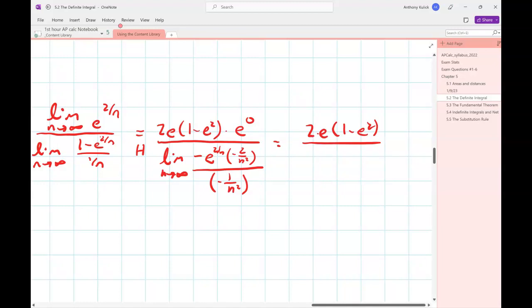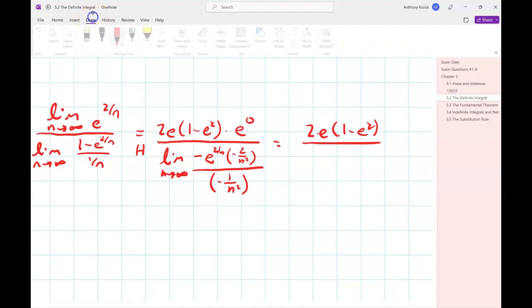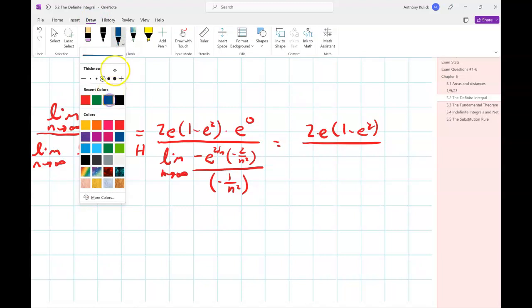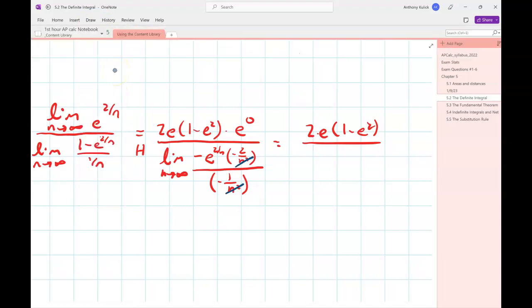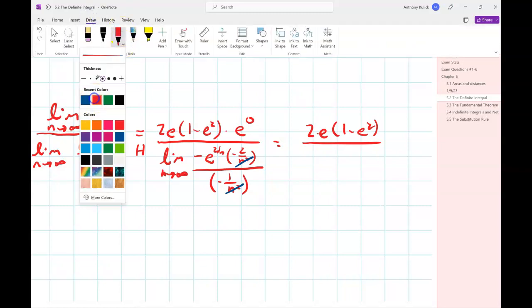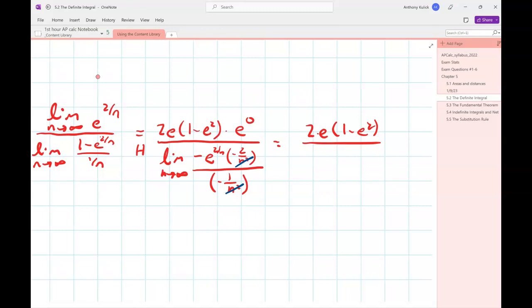So at this point, I can reduce in the denominator. The n squareds can just go away, which is wonderful because now I've gotten rid of the indeterminate part. So what I'm left with there is I have 3 negative signs, so that's negative. The limit of e to the 2 over n we said was just 1. And then we have just that 2 left over.